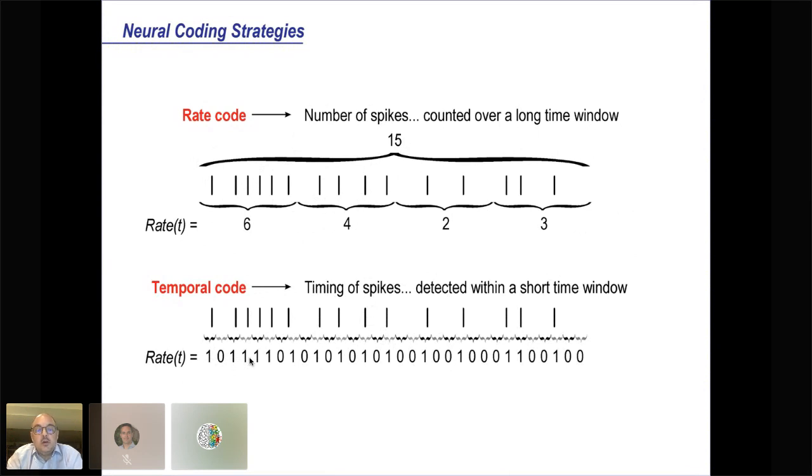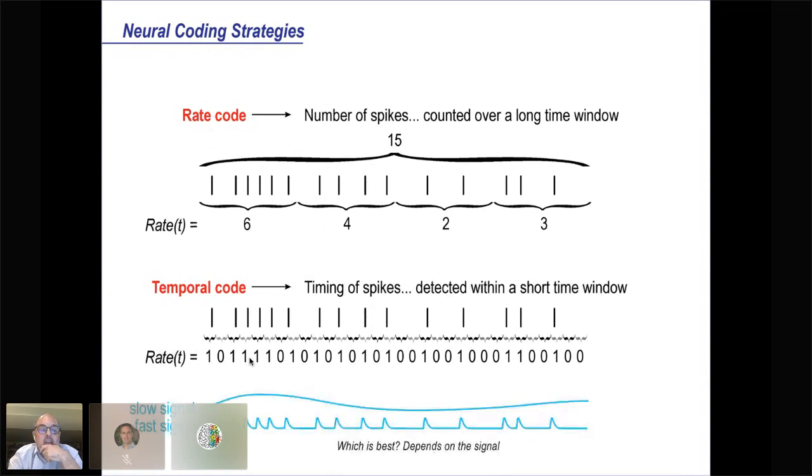So the question is, what's the appropriate strategy, or what strategy might a neuron be using? What bin size should you be using to characterize the spike pattern or the spike rate? A lot of that depends on the sort of signal you might be dealing with.